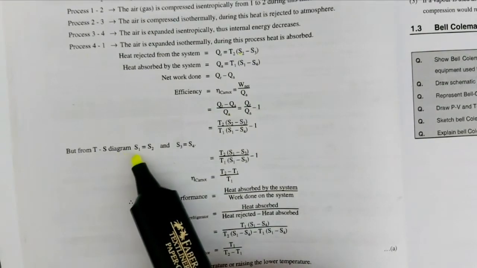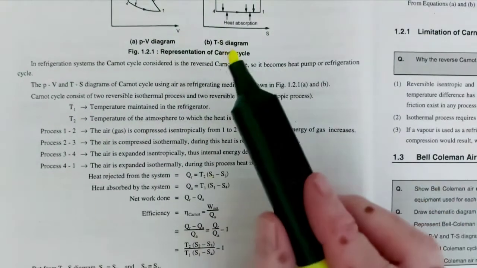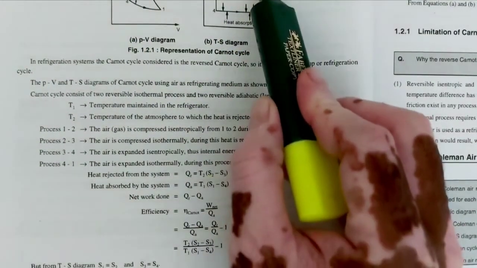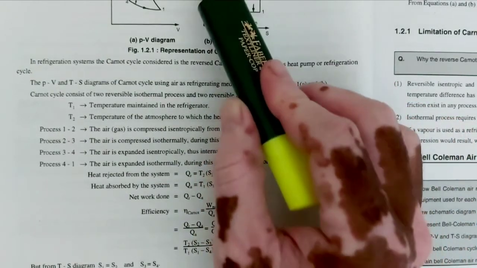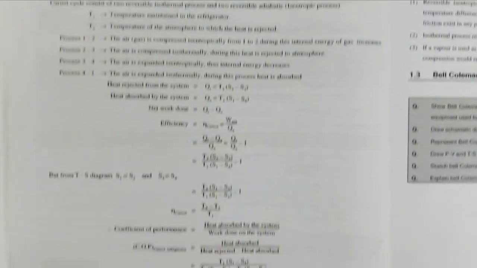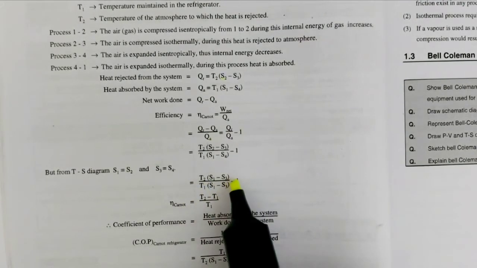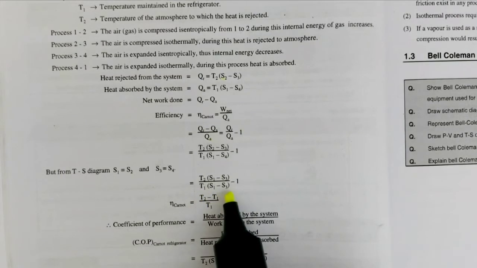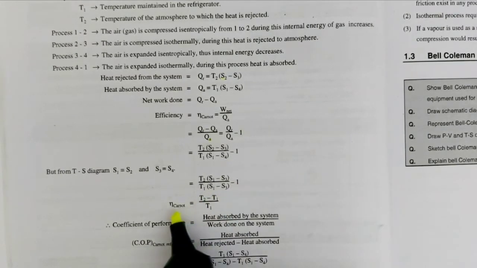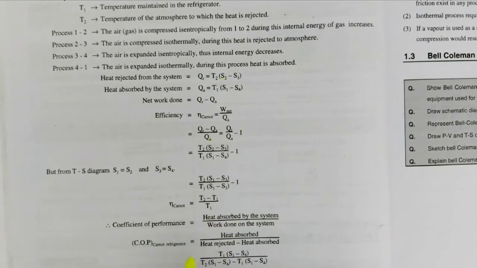From the TS diagram, S1 is equal to S2 and S3 is equal to S4. Therefore, T2 (S1 minus S3) upon T1 (S1 minus S3), minus 1. So the Carnot efficiency is (T2 minus T1) upon T1.